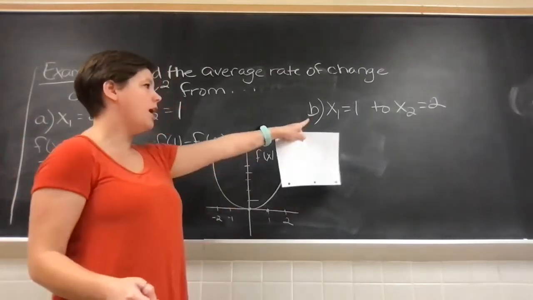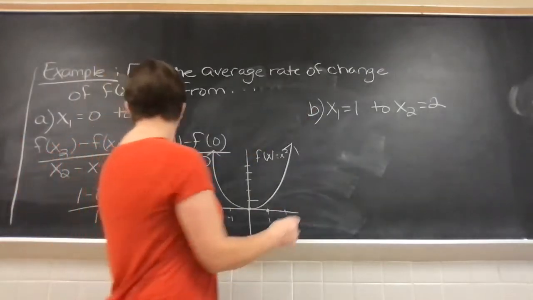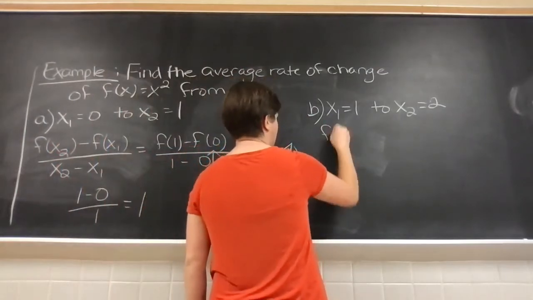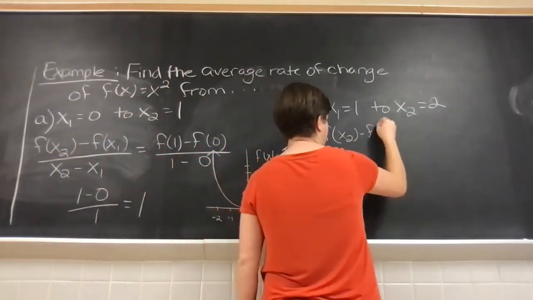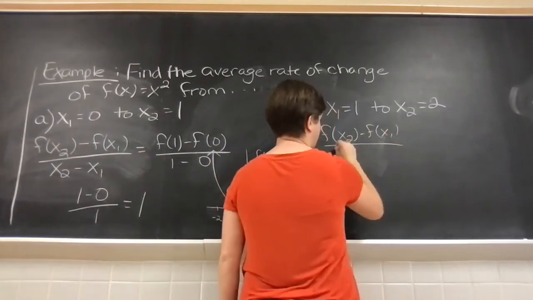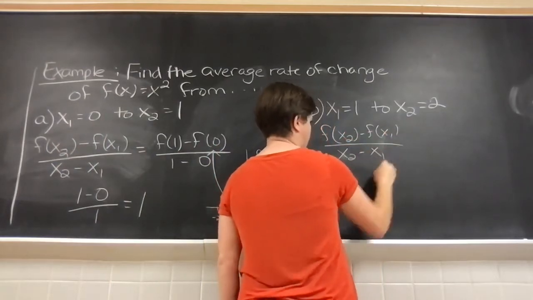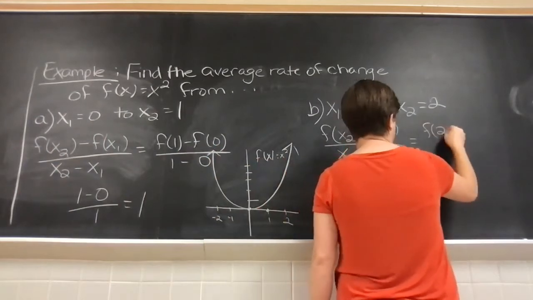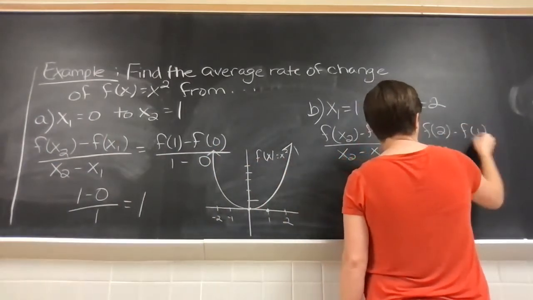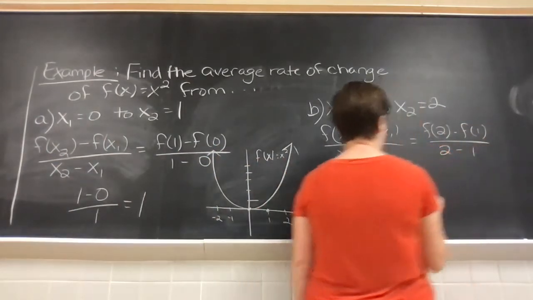Okay, so let's see what happens from 1 to 2. Again, we're finding the f of x2 minus f of x1 over x2 minus x1. So that would be the f of 2 minus the f of 1 over 2 minus 1.